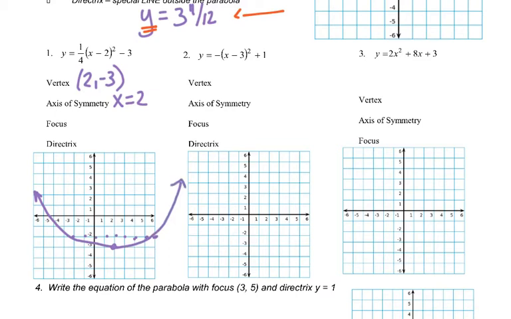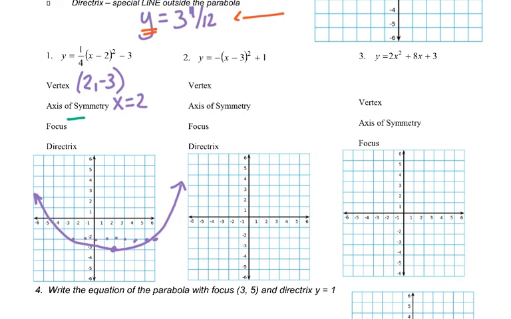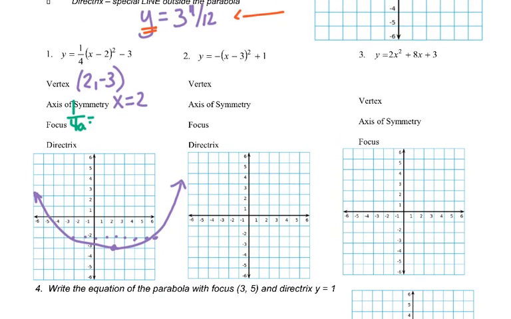Now we've got our new part, which is 1 over 4a, the distance from the vertex to the focus. So this is actually a really great a. Usually fractions make things worse, but here it's going to make it easier. What's 4 times 1/4? 1. That means the distance from the vertex to the focus is 1.